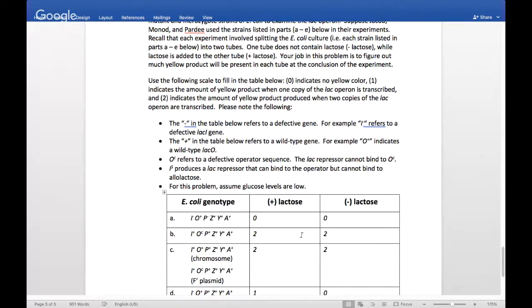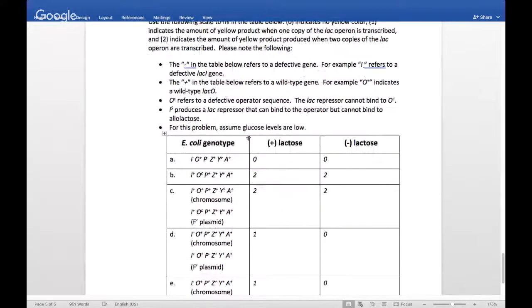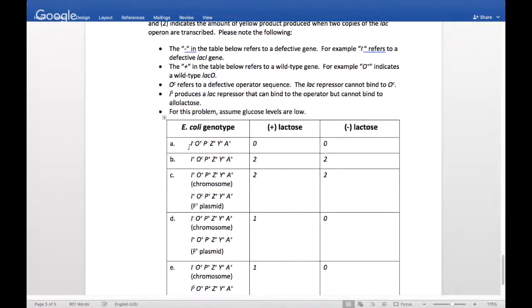0 meaning that no yellow color will form. 1 meaning that some will form, and only one copy of the lac operon is transcribed. And then 2 means that it's really yellow, indicating that more than one copy, or in this case, 2 copies of the lac operon were transcribed. So case A is talking about this genotype right here.